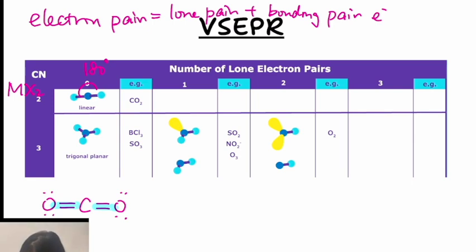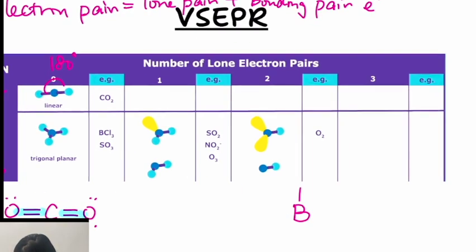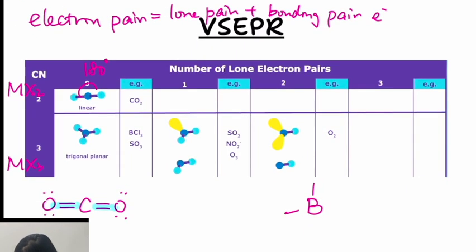Okay, and next, MX3. This is when the central atom has 3 electron pairs around it. Let's say BCl3, boron trichloride. Again, I'm going to start from the Lewis dot diagram. So boron, chlorine, single bonds.